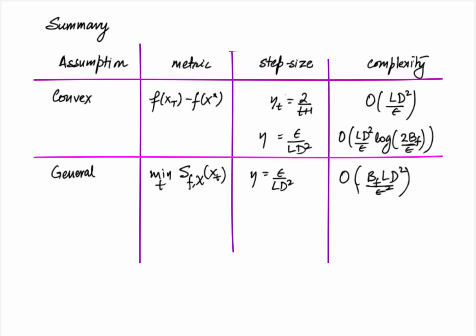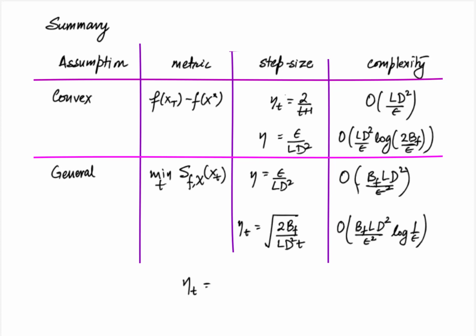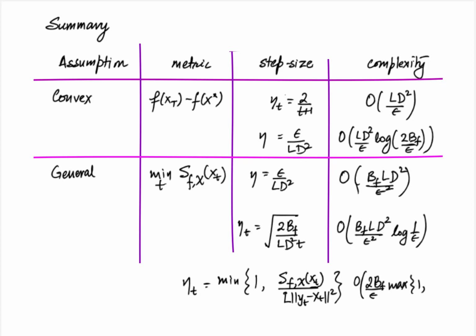On the other hand, in the case when eta t is equal to square root of 2bf by LD square T, the oracle complexity was order of bf LD square by epsilon square log 1 over epsilon. Finally, if eta t was chosen adaptively as min of 1 comma s of xt divided by L norm square of yt minus xt square, then the oracle complexity was order 2bf by epsilon max of 1 comma LD square by epsilon.